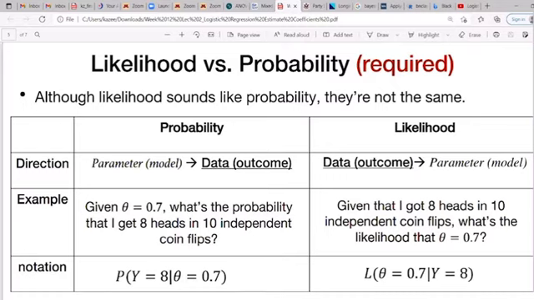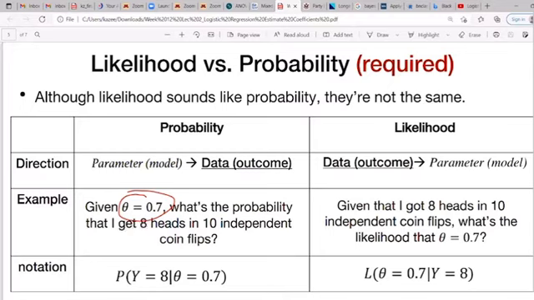When you take a look at this example, when you have a fair coin, you have two sides, right? You have head and tail. This example is trying to tell you that the probability of getting head is 0.7, because theta here represents the probability of getting heads.